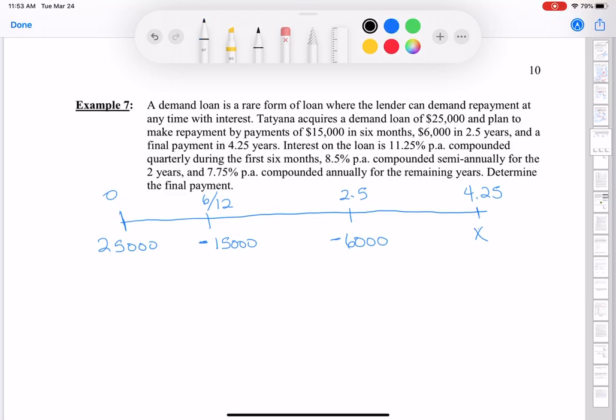Our plan will be to move this $25,000 forward in time and calculate how much it is with interest and stop and take off the $15,000. Once we've done that, we're going to move that forward in time again and find a future value 2, and stop and take off her $6,000 payment.